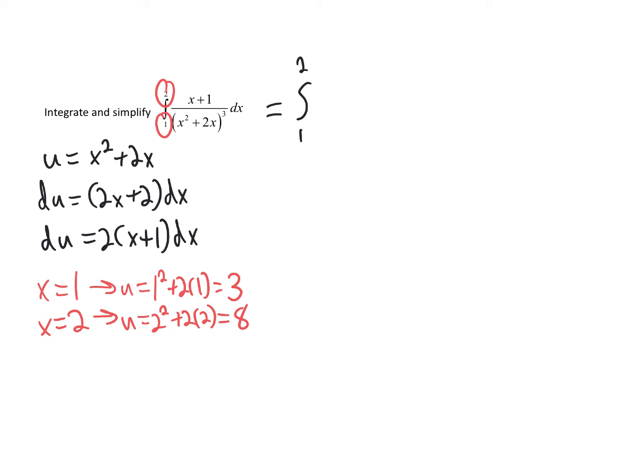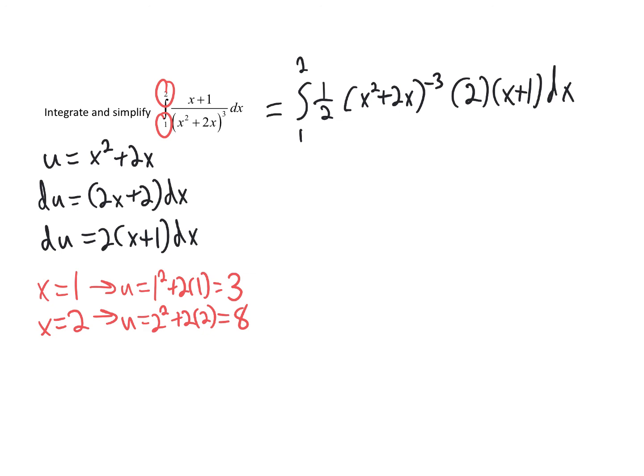So 1 to 2 of, I'm going to bring this denominator up to the -3. I know I need a 2x plus 1 dx at the end, so I'm going to need a half here because we introduced this 2.